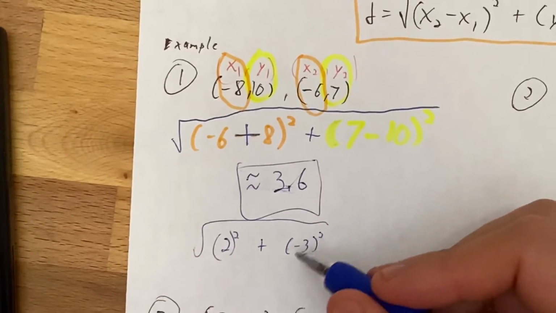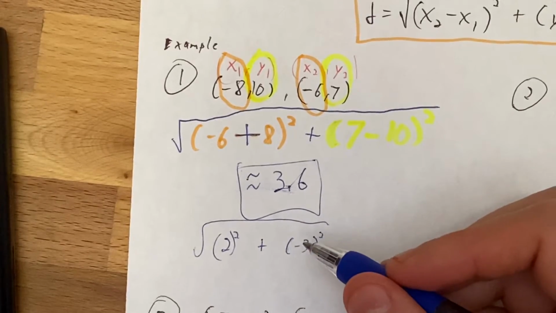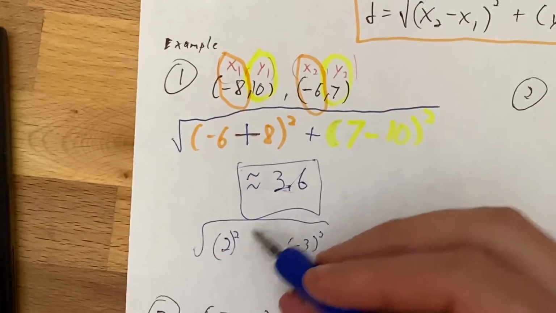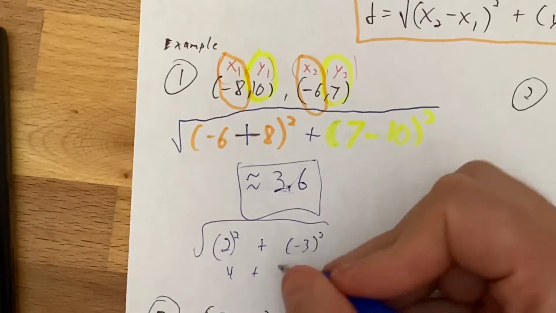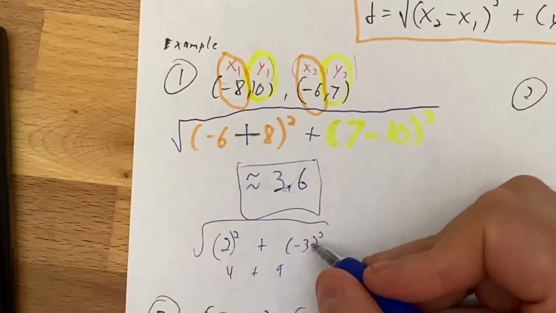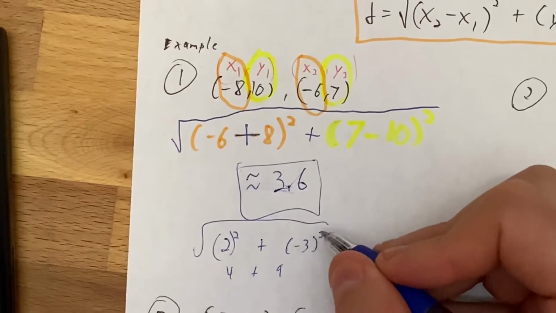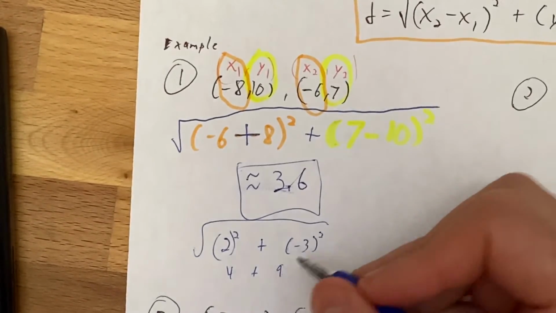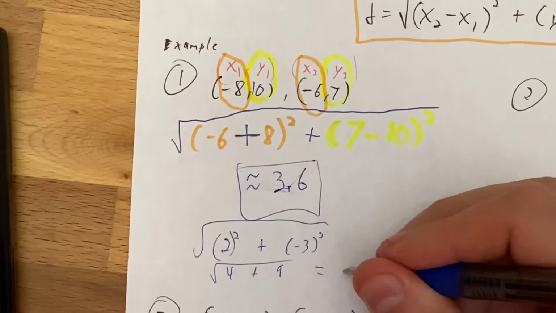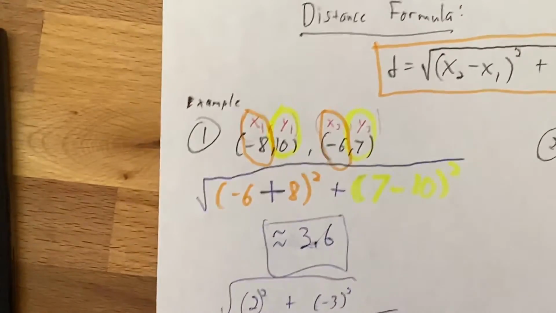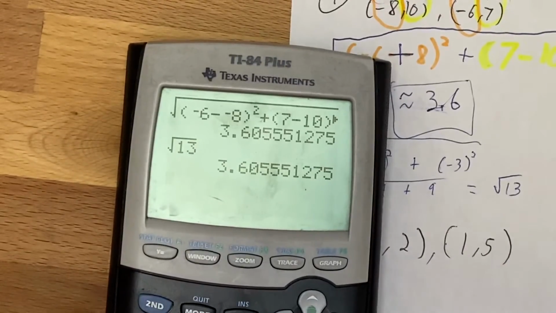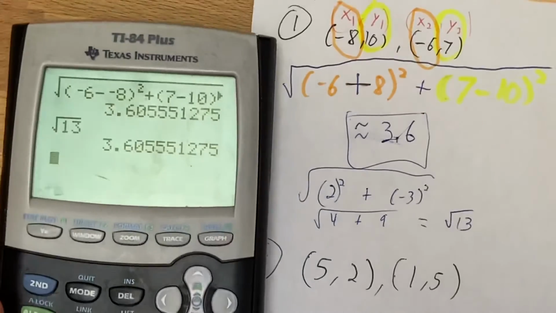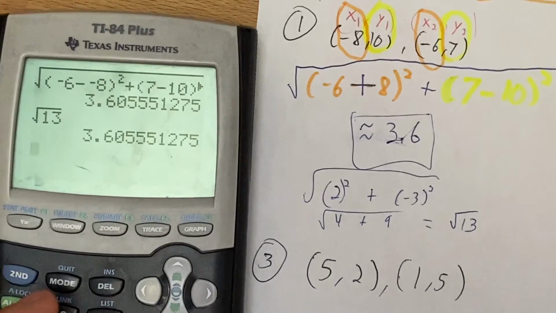And here, please do remember that whenever you square something, it always turns positive. +2 squared is a +4, and a -3 squared is a +9. Because squaring something means to multiply it by itself. So -3 times -3 is a +9. And that's going to be equal to the square root of 13, which, not so coincidentally, is the number we got before. So there you go. The answer is approximately 3.6.